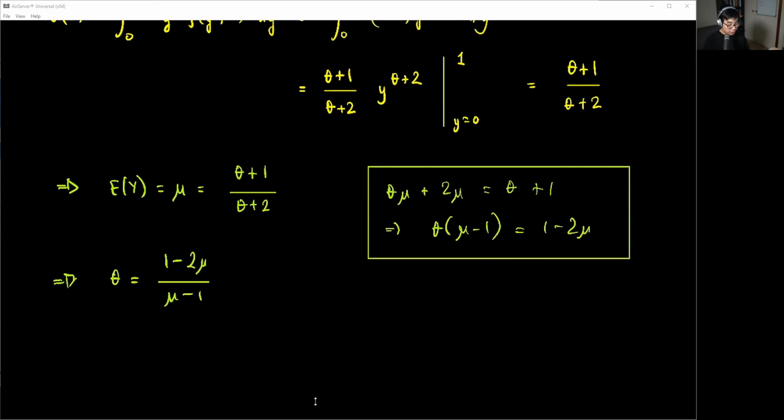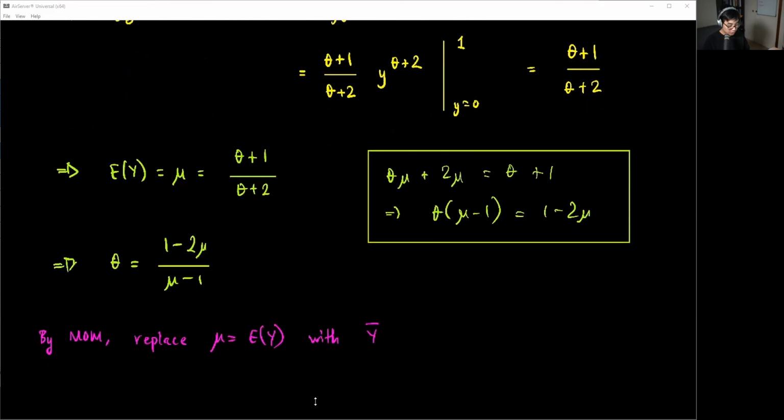So what we can do now, using the method of moments, is replace mu, which is the expected value of y, with y bar.